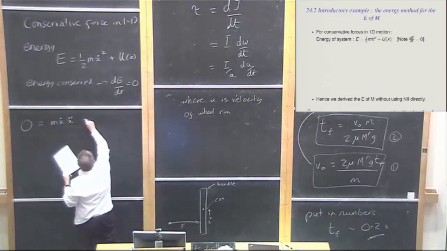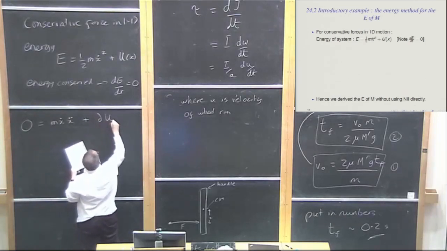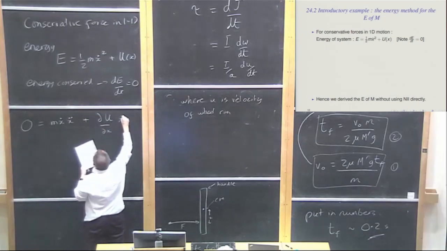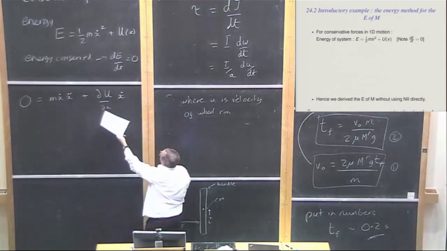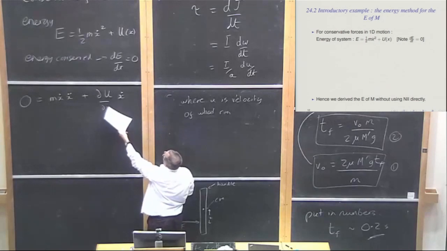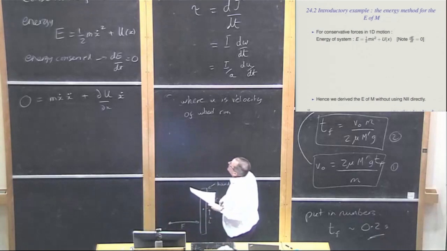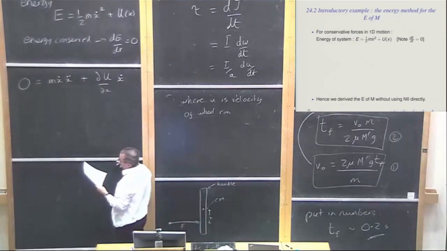So let me use a partial derivative, so plus partial U by partial x times x dot. Because it doesn't explicitly depend on time, using the chain rule, I've written this as dU by dx multiplied by dx by dt. So I hope this expression is clear.